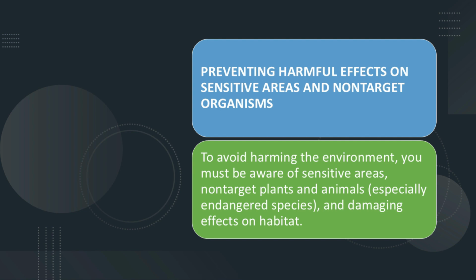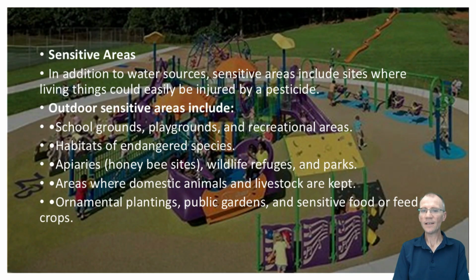Preventing harmful effects on sensitive areas and non-target organisms. To avoid harming the environment, you must be aware of sensitive areas, non-target plants and animals, especially endangered species, and damaging effects on habitat. Sensitive areas. In addition to water sources, sensitive areas include sites where living things could easily be injured by a pesticide.